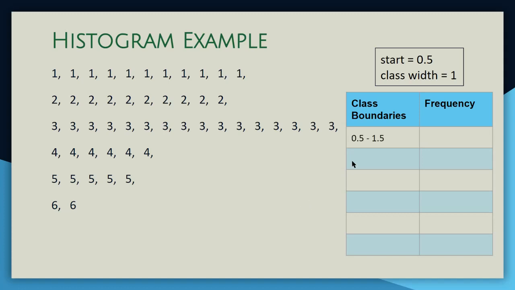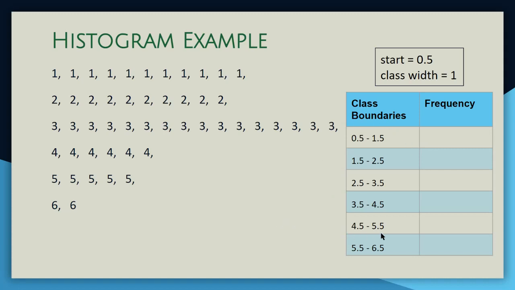So our first class is 0.5 to 1.5, starting point plus 1. The next class is going to start with 1.5, and then 1.5 plus 1 is 2.5. And this pattern will continue. I'm going to bring that upper bound down to the next row for our lower boundary, and then add 1. Bring the upper bound down and add 1.